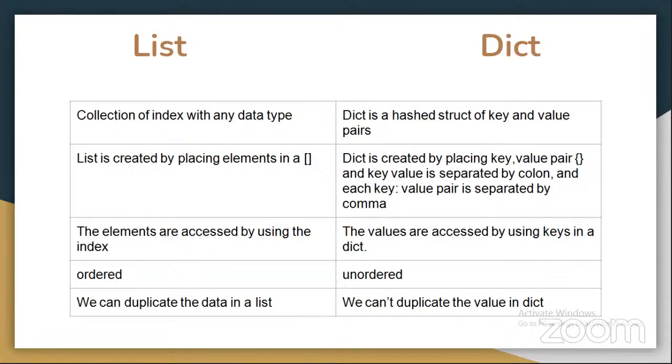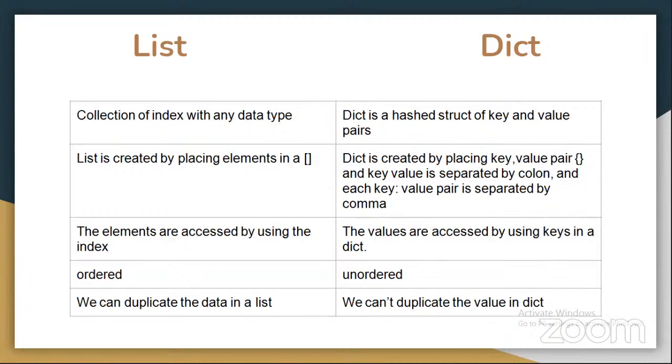I have mentioned this in a previous session. And dictionary is created by placing key value pairs in braces, which are called curly brackets. The key and value are separated by a colon, and each key value pair is separated by a comma.